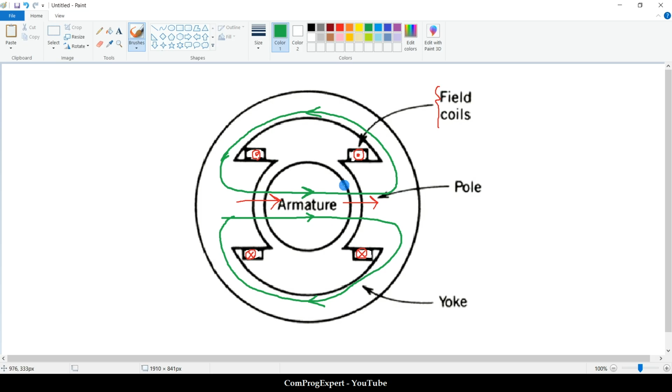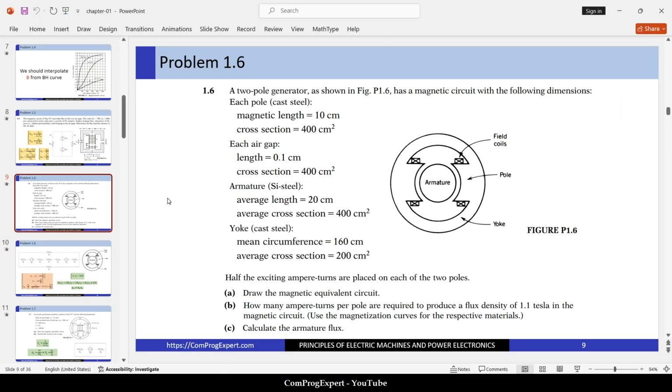As you can see, for air gaps, we can consider that the flux lines are in these directions, right? Between the armature and the pole. So the length of these flux lines is the same. And here you can see the length of the air gap, 0.1 centimeter.